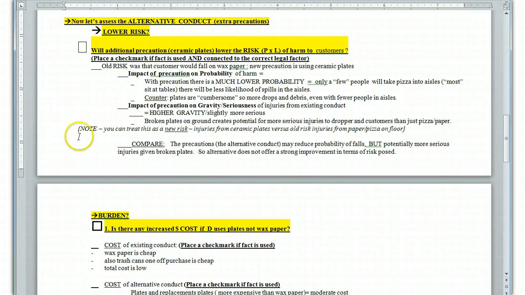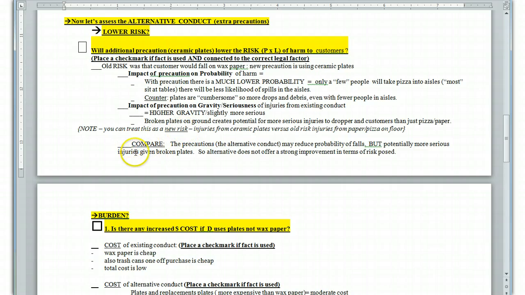Now notice right here, you could, if you wish, treat the threat of injury from the plates as a new risk. So you could simply conclude that the risk of falls goes down, but there's a new risk of cutting on ceramic plates. That's a perfectly acceptable way of analyzing this.